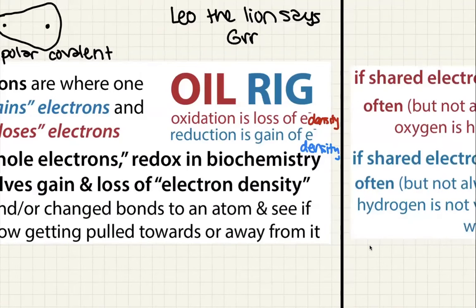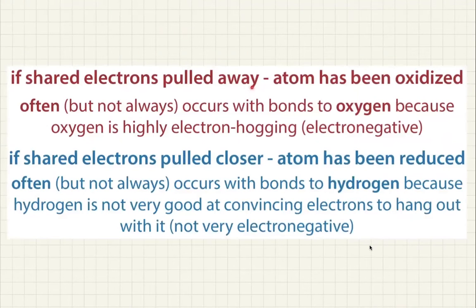To put this a little more concretely, if shared electrons are pulled away, an atom has been oxidized. And why would electrons be pulled away? Well, they get pulled away if they bind to or form more bonds to something that is electronegative.